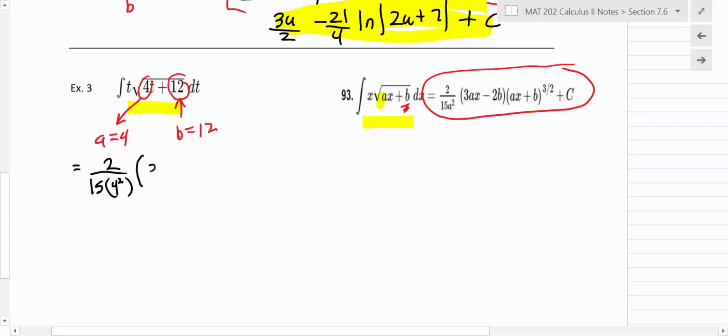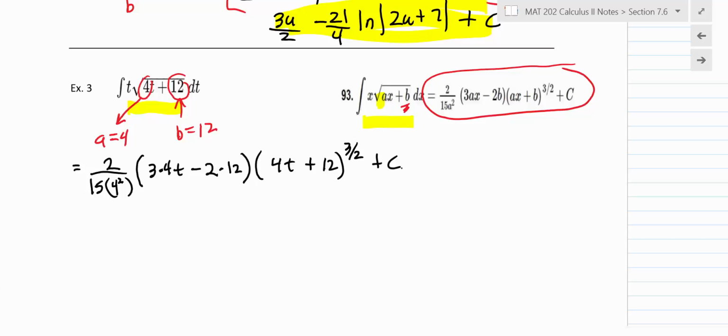So we have 3 times 4 times t minus 2 times b, where b is 12. And over here a is 4, so that's 4t plus b, b is 12, to the 3/2 power plus c. I just plug in stuff: I know what a is, I know what b is. Now I do have to do a lot of work to simplify that.